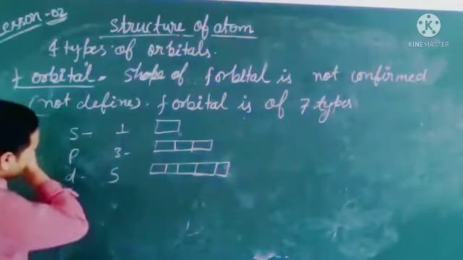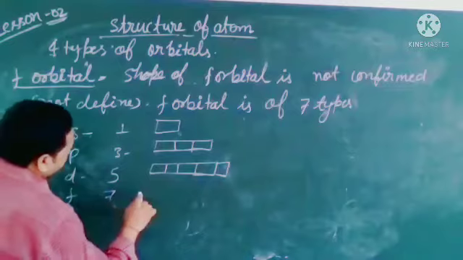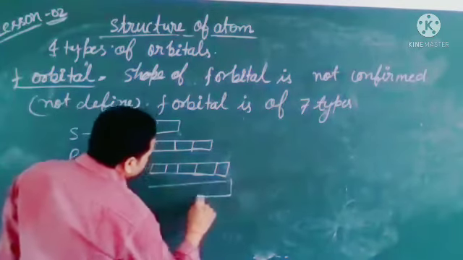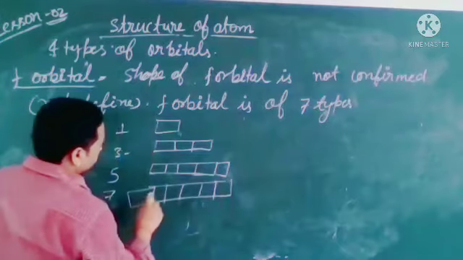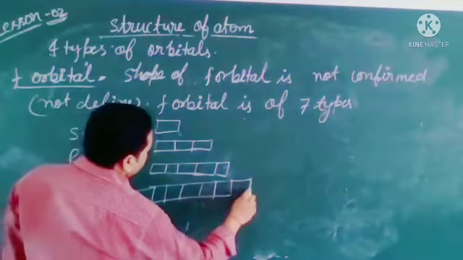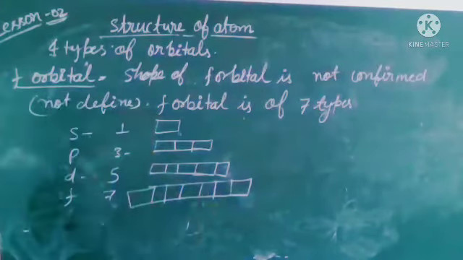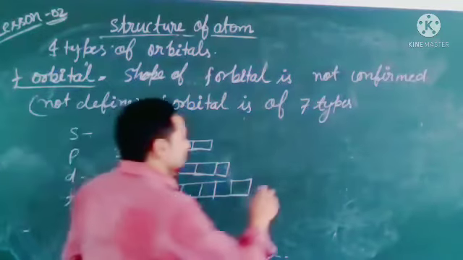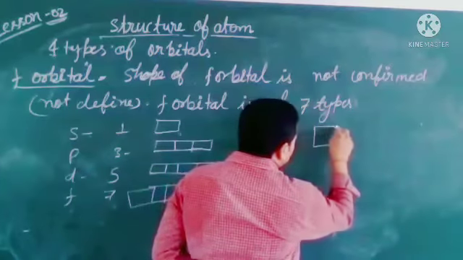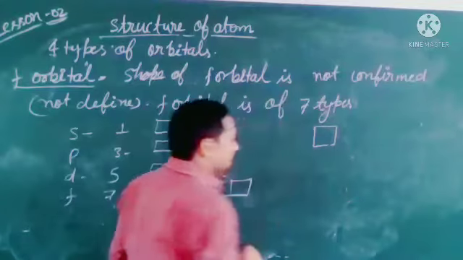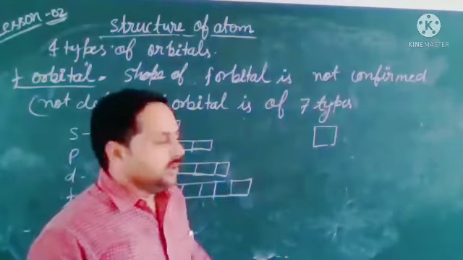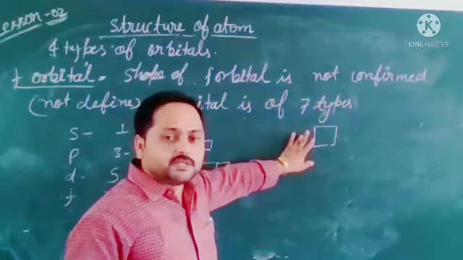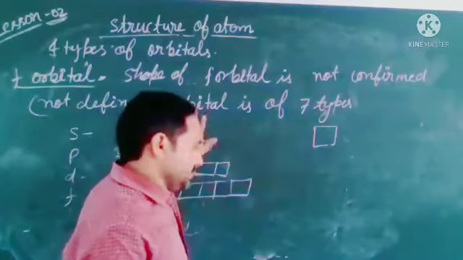F orbital is of seven types, and we make seven boxes: 1, 2, 3, 4, 5, 6, and 7. That box shows the orbital. So the general representation of orbital is this.